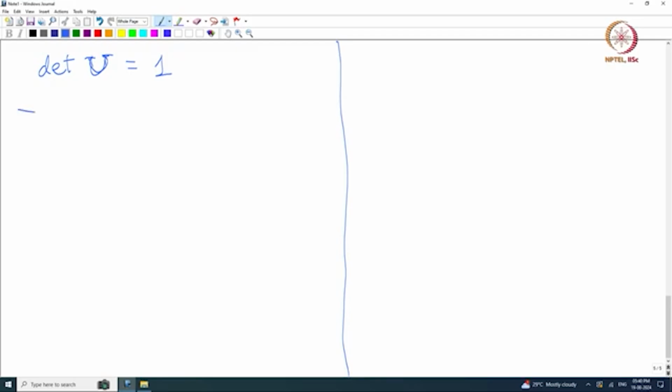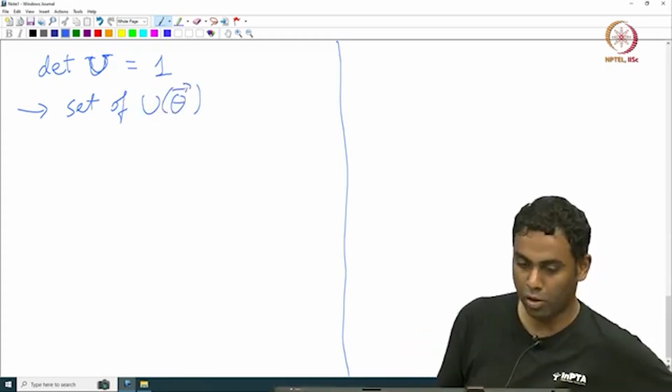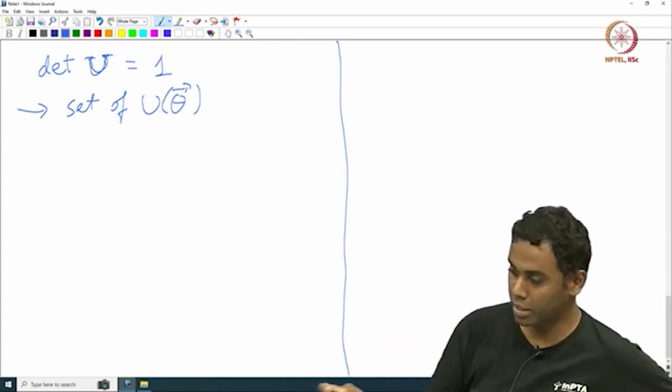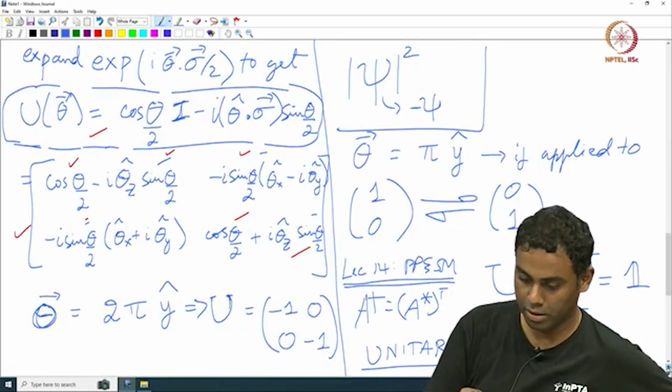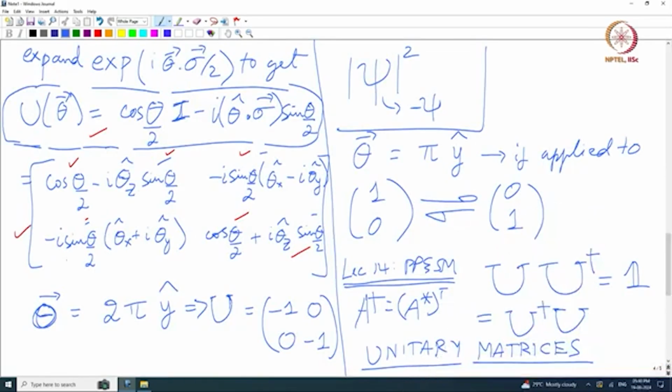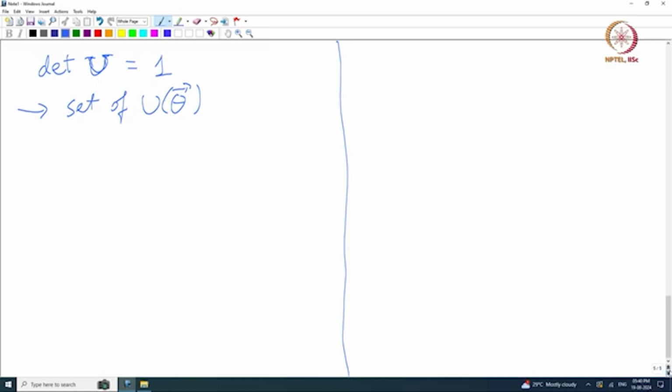In other words, the set of all the U of thetas that you can write down using this expansion, right, constitutes something called a group, okay.